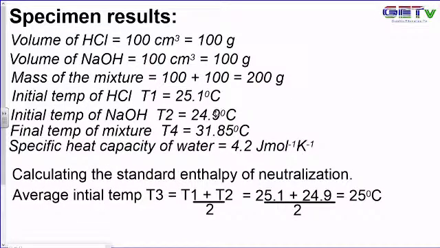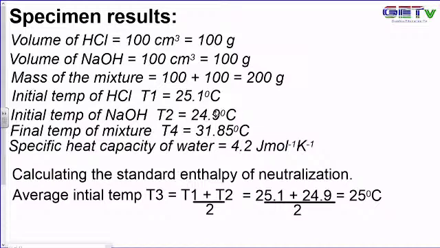And here we have our specimen results. Volume of HCl is equal to 100 cm cube. As we initially said, 1 cm cube equals 1 gram. So therefore, 100 cm cube will be equivalent to 100 grams.